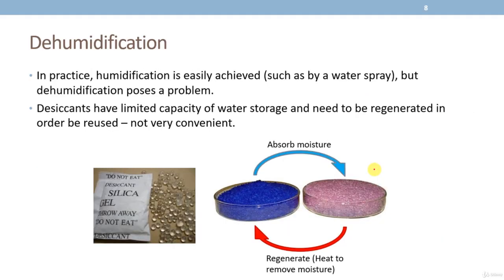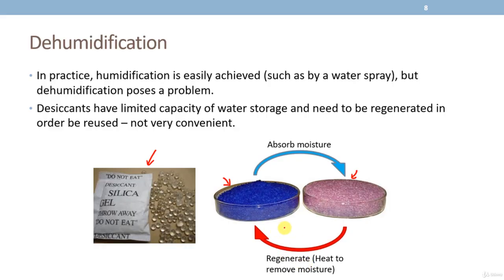So let's talk a little bit more about this dehumidification process. In practice, it's very difficult to achieve this because you will need to use some chemicals. For example, the most straightforward method is to use chemicals such as desiccant or silica gel to absorb moisture in the air. But the problem is, after this chemical is saturated with water, it is unable to absorb any more moisture. So in order to make it capable of absorbing more moisture, you have to regenerate it.